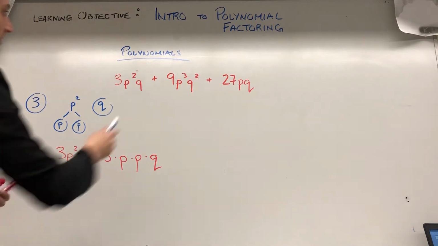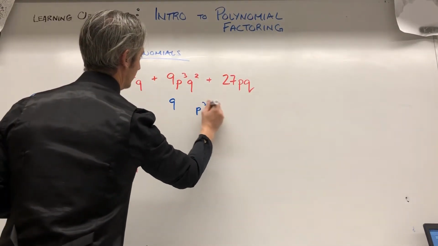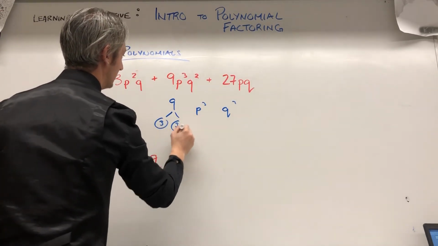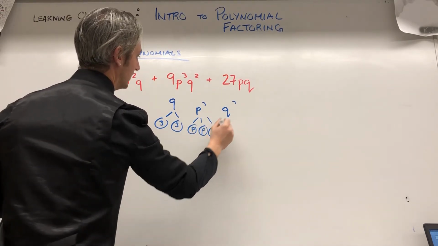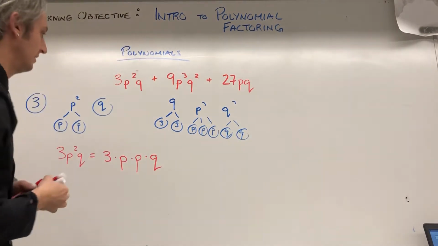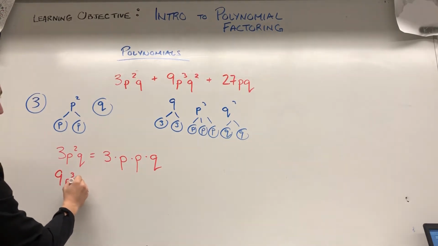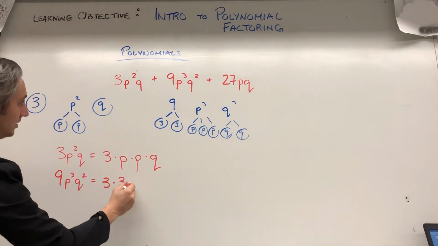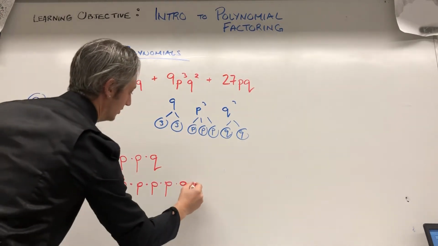One down. The next one. 9p³q². So 9 factors down to 2 3's. p cubed factors into 3 p's. And q squared factors into 2 q's. So that then, 9p³q² is 3 times 3 times p times p times p times q times q.